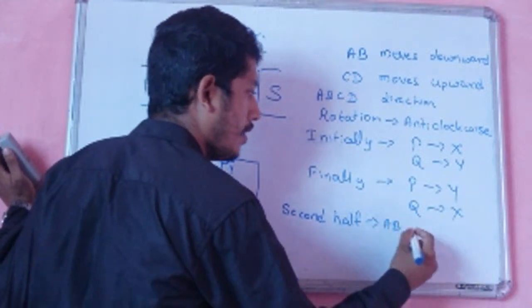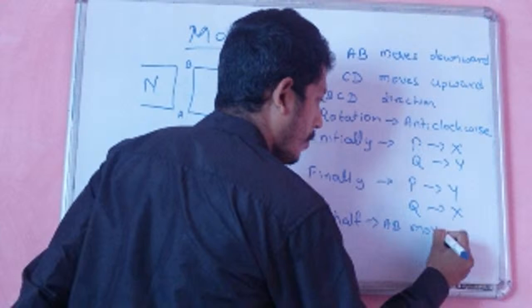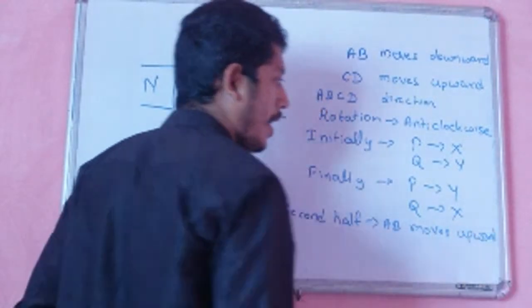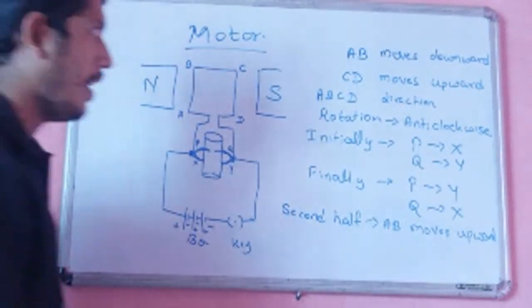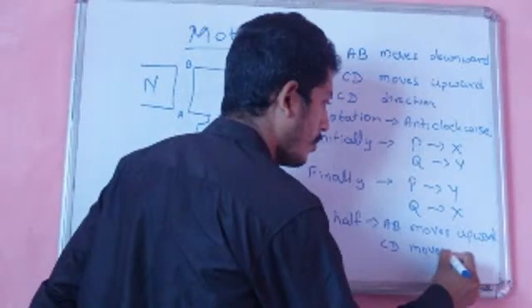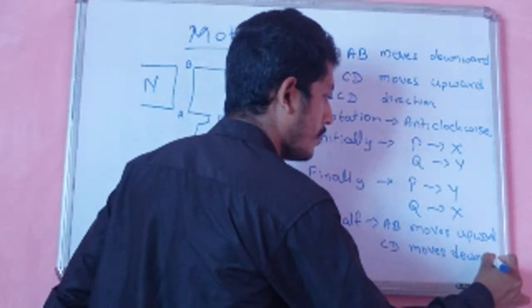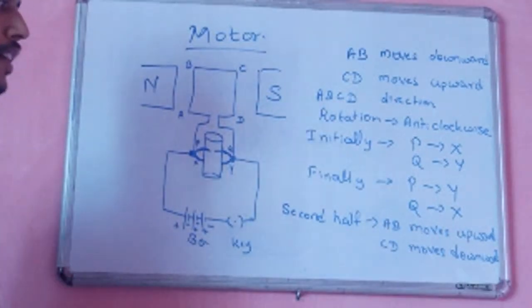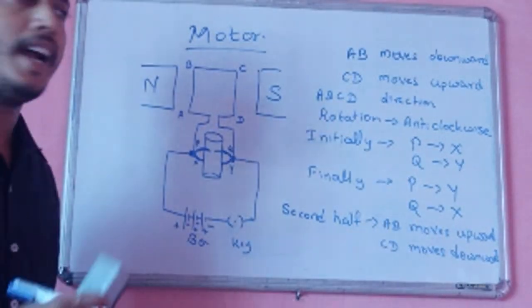In the second half, RAB moves upward and RCD moves down. So in the initial case, RAB moves downward and RCD moves upward.